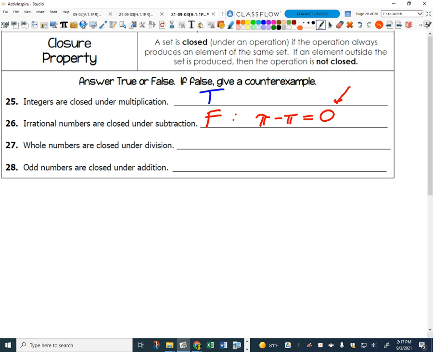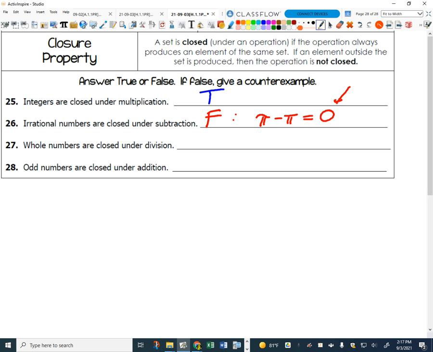Does that make sense? Okay. I don't know if there would be any others. I mean, you could do square root of 2 minus square root of 2. I can't think of an obvious way that you could subtract anything other than what you started with and have the result be rational. But that's a good example, okay?